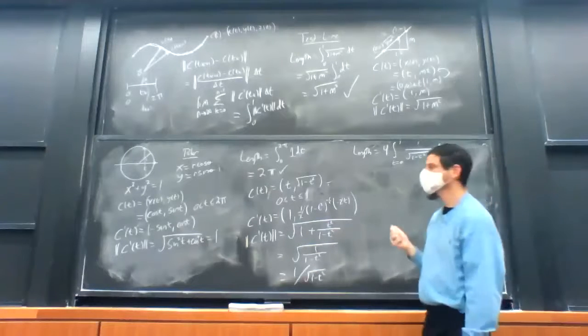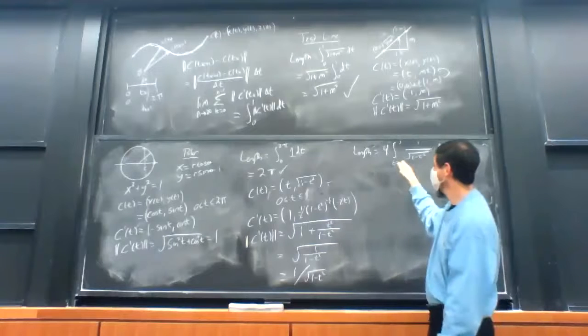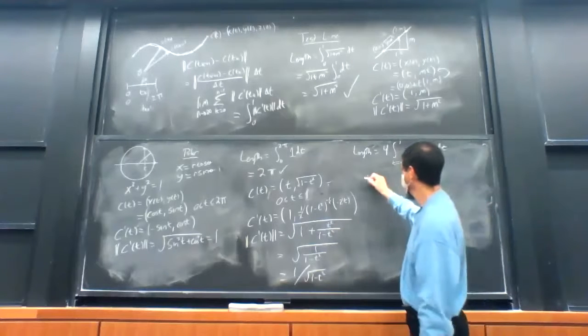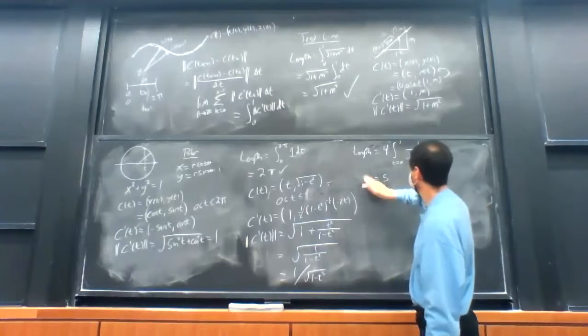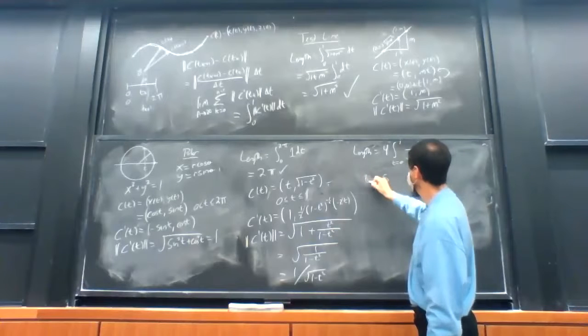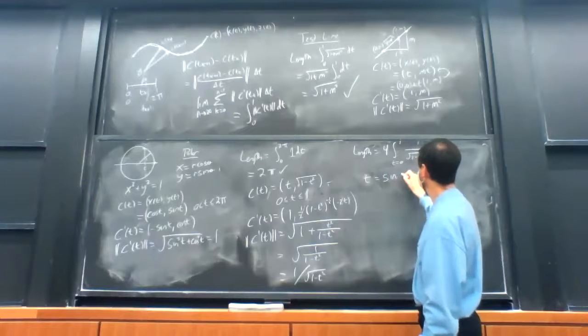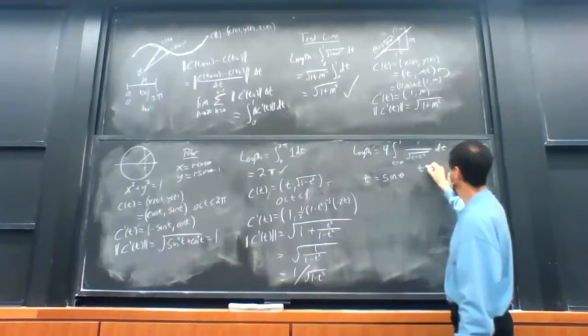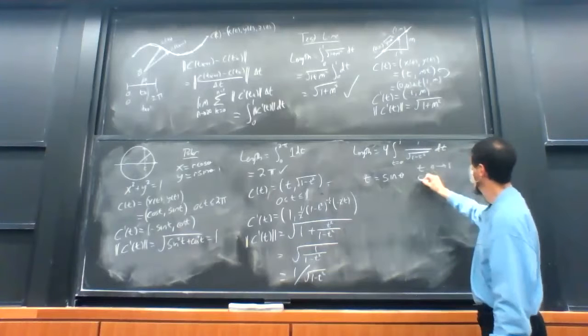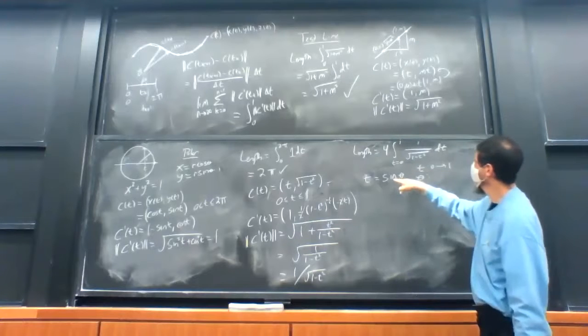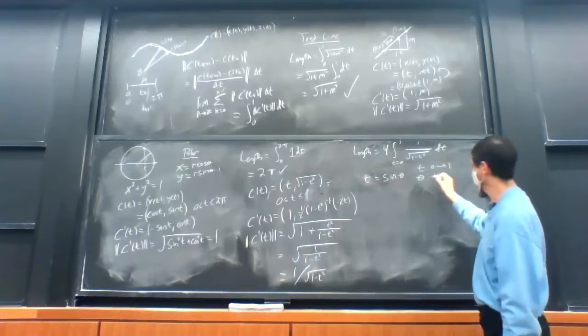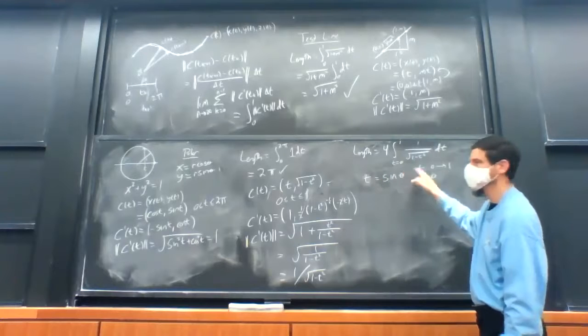So I want to choose t to either be sine or cosine. Because I go from 0 to 1, I'm going to choose t to be sine of theta. And as t goes from 0 to 1, when t is 0, theta is 0. When t is 1, theta is pi half.